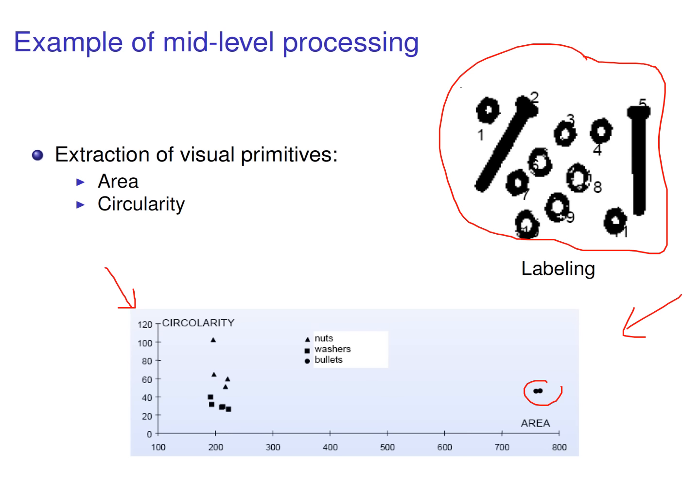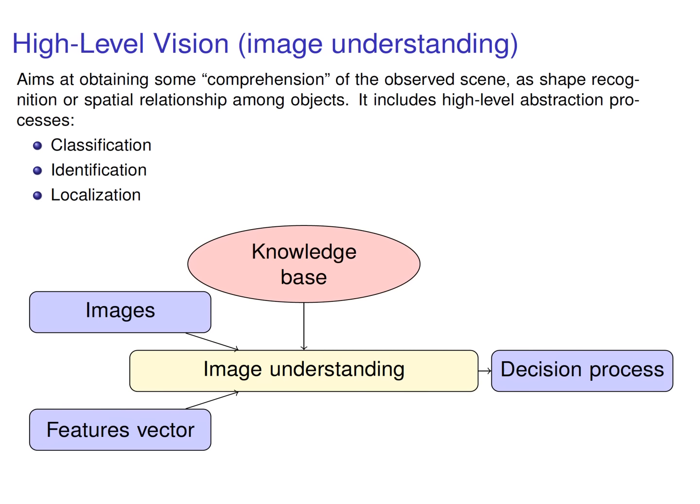Now, high level computer vision is where the computer needs to make a decision about which one is which. For high level, we need to do image understanding, which aims at obtaining some comprehension of the observed scene, such as shape recognition or spatial relationships among objects.